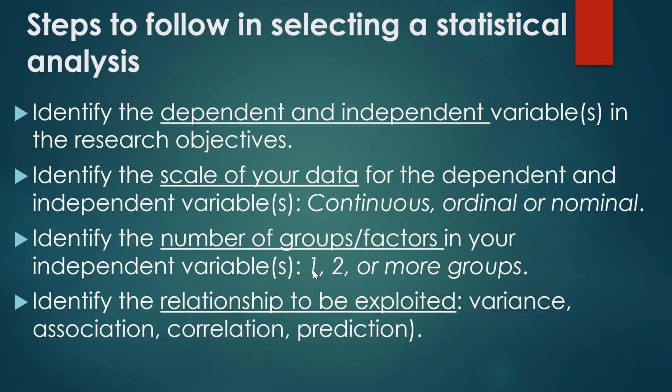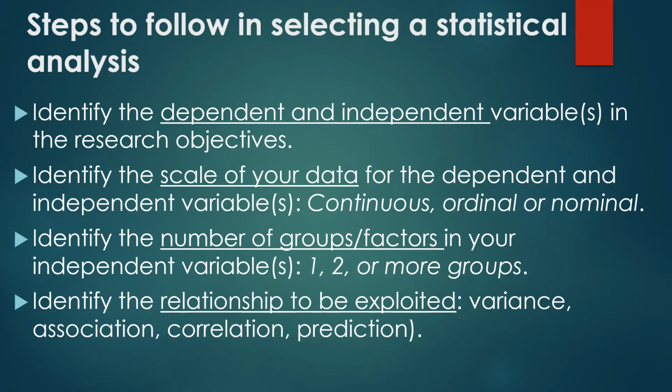Okay, so it's very important for you to identify the groups or group in your independent variable. The next thing is the relationship to be exploited. When you do a survey or an experiment, you want to look at the relationship between the dependent and the independent variable. But what is it that you are exploiting, or investigating?